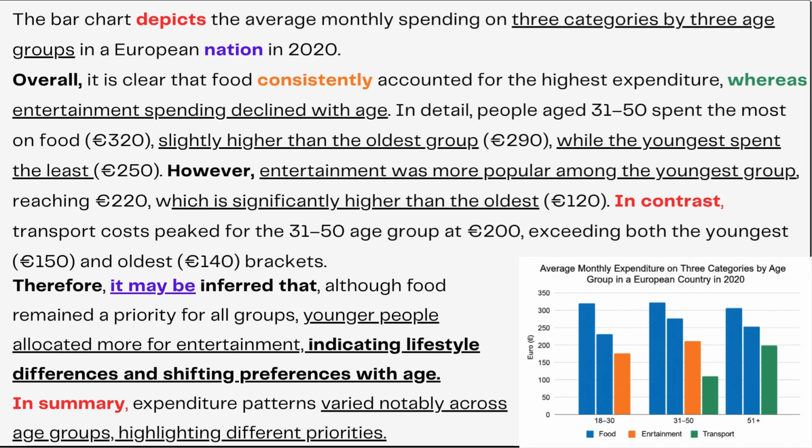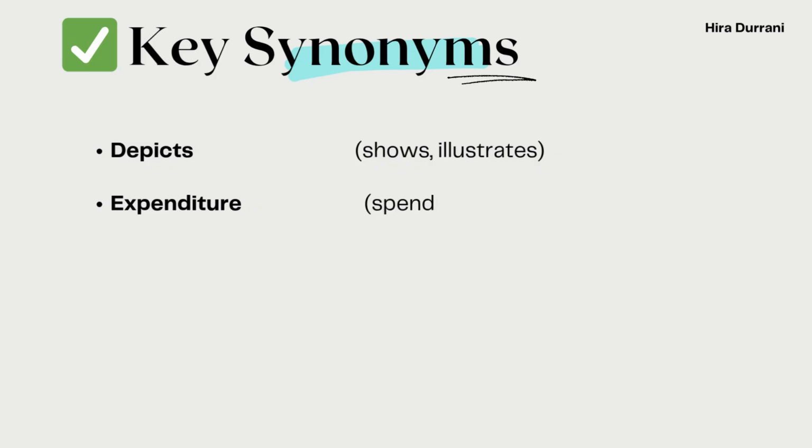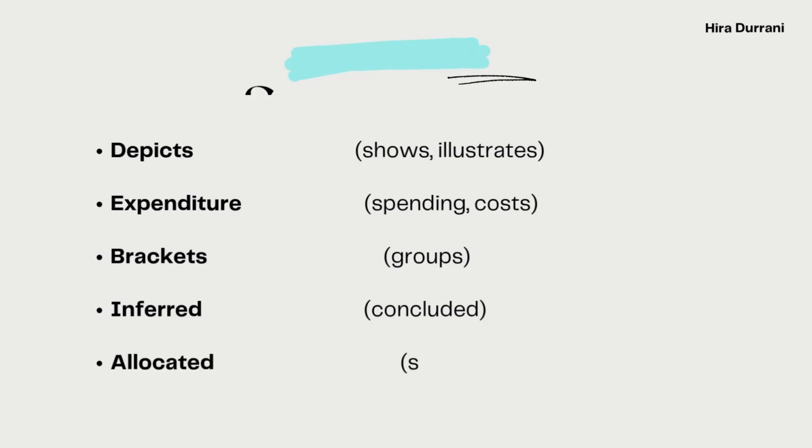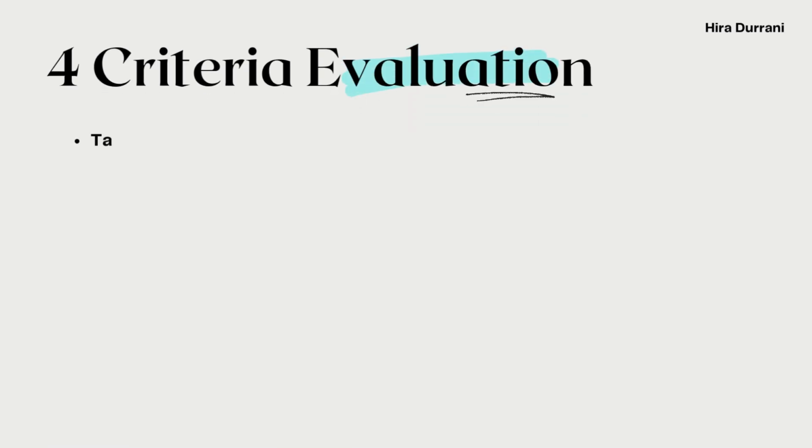So the introduction, then statistical data, and then the conclusion part. We have even the key synonyms like depicts, shows or illustrates; expenditure, spending or costs; bracket, groups; inferred, concluded; allocated. What do we have for allocated? Okay, spent.